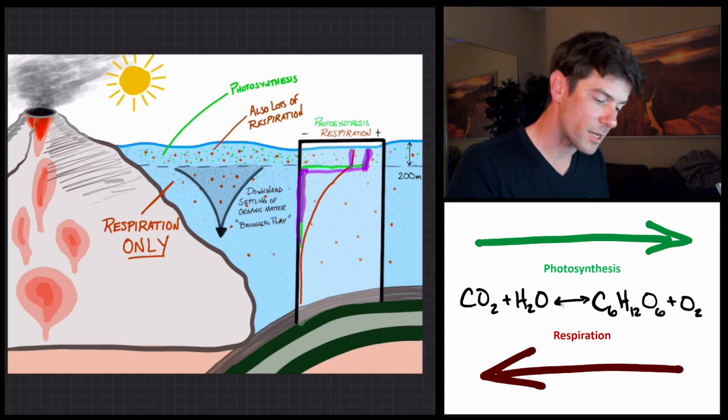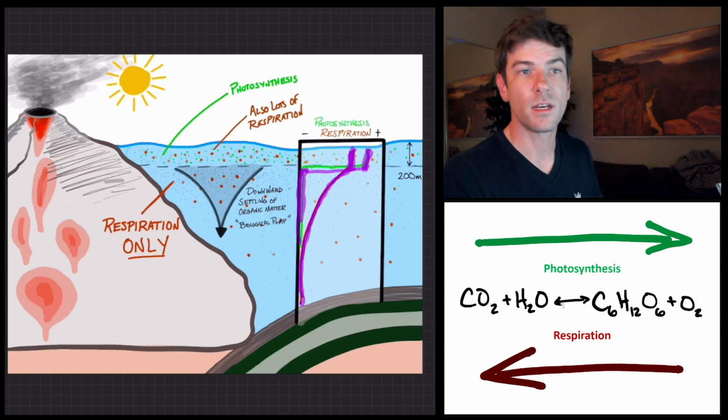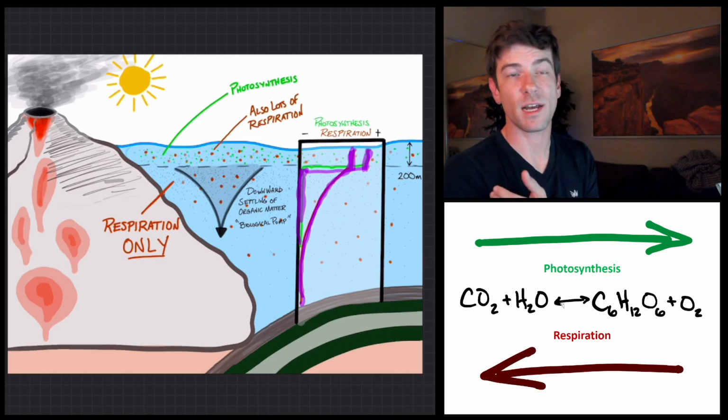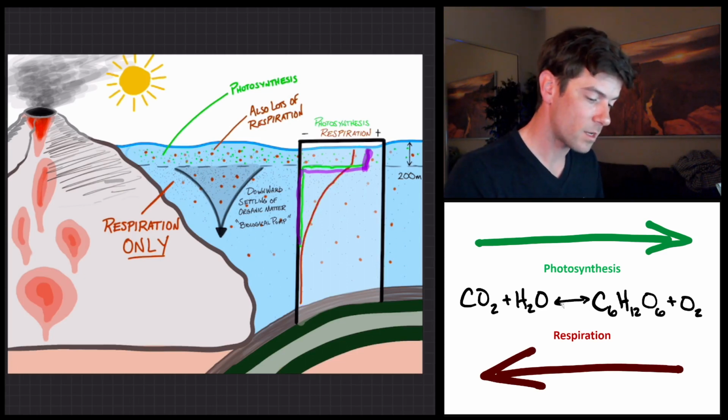But respiration doesn't. It's pretty high in the surface ocean, but it takes a while to decline in the deep ocean, and that's because as you move lower, less and less organic material has survived all that respiration, but there's definitely a lot of respiration going on down there. Okay.